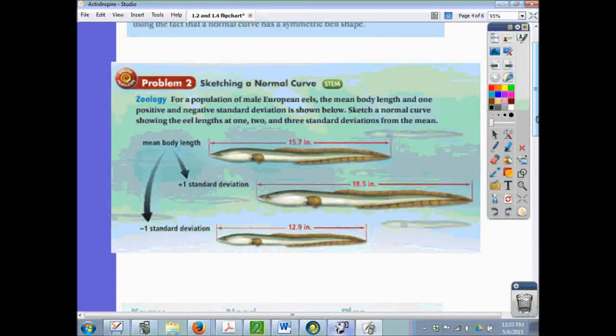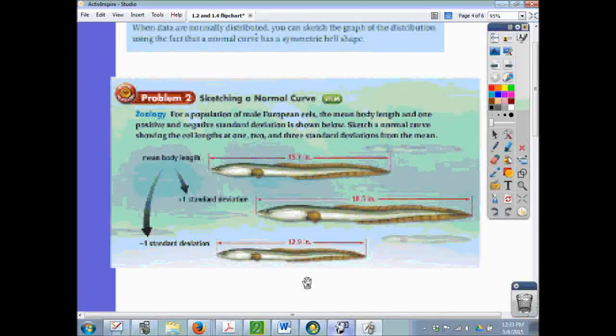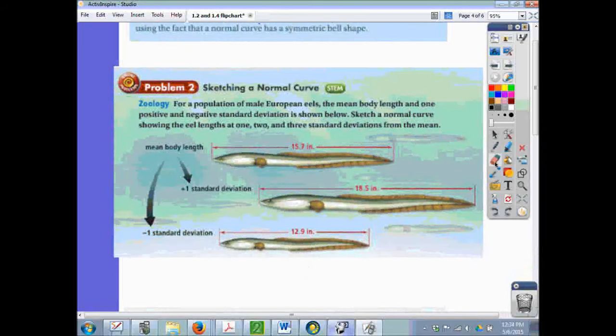Okay. So we need to know that. Let's write that down with everything else that you wrote down. The standard deviation is 2.8.